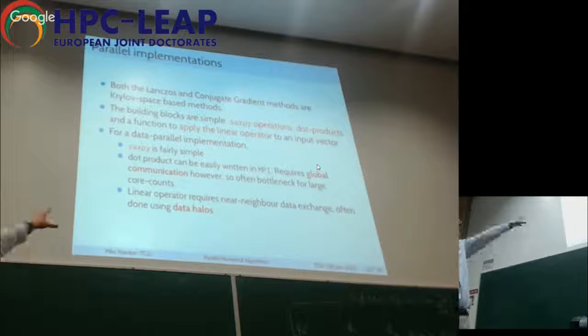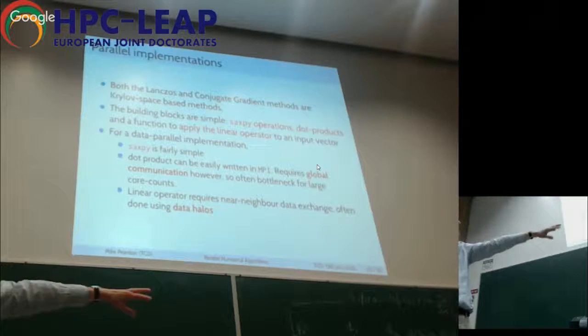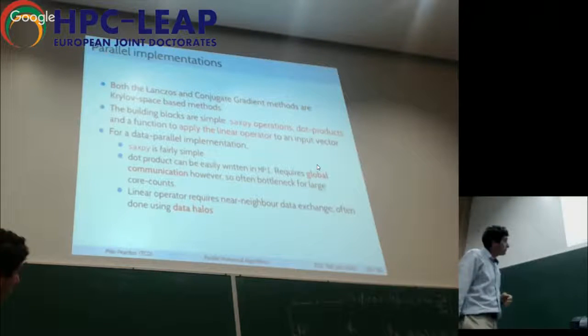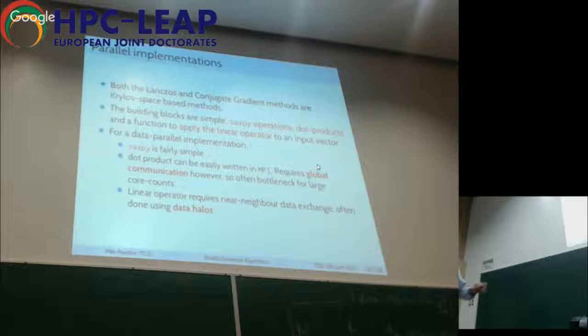And then if we want to think about our linear operator, again, if we're representing differential equations, so if we're taking a physics application, then we normally have these nice, simple patterns where we really think of a grid of data, and we're just taking nearest neighbors.